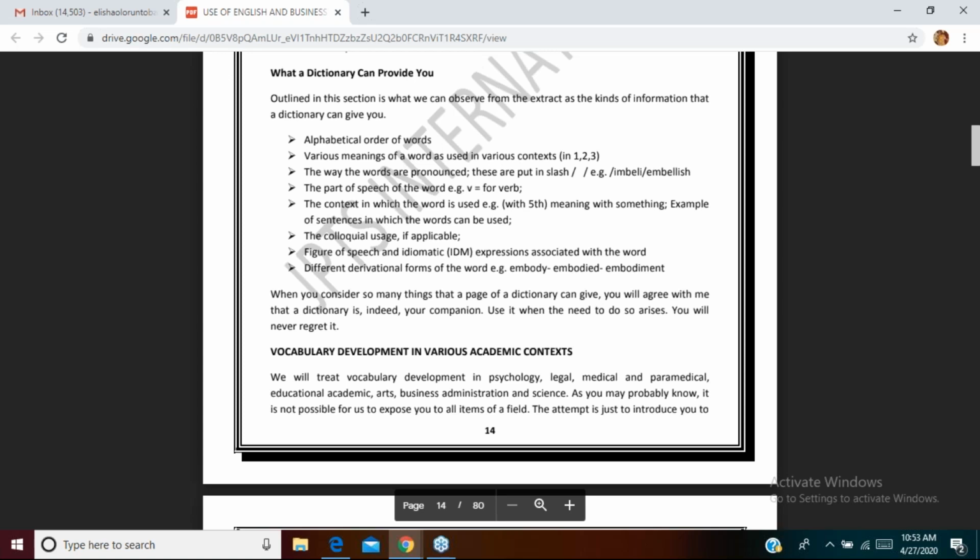So now, let's look at first person, second person, and third person. First person pronoun. Second person and third person. First person pronoun: I, me, we, us. Second person: you.